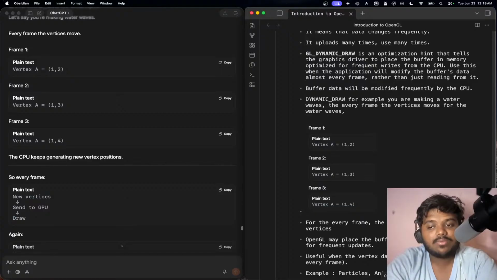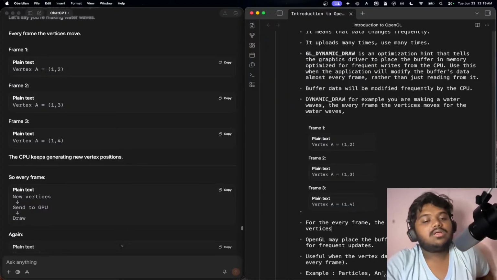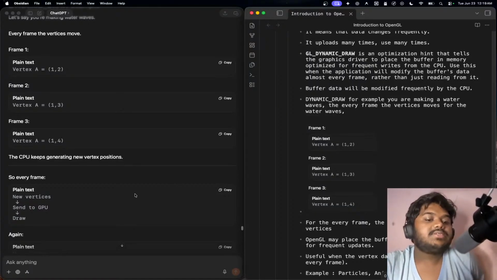The GPU has to upload the new vertices. For every frame, the GPU has to upload the new vertices, so the new vertices are sent to the GPU.